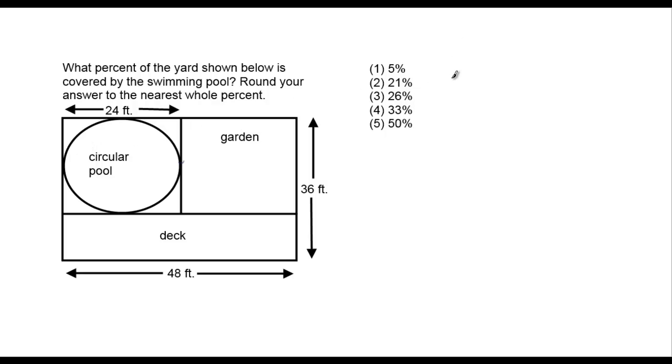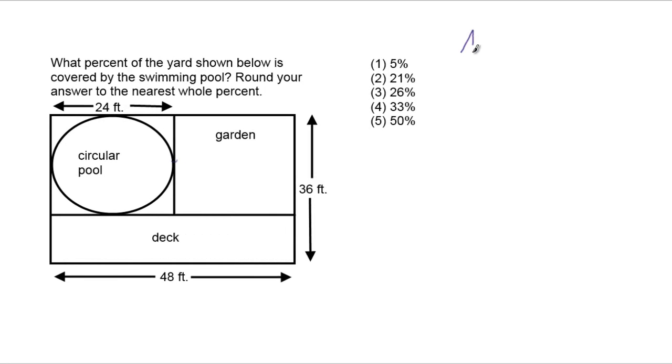The area of a circle is found by using the formula A equals pi r squared. We can plug in 3.14 for pi. Now we just need to know what r is for this circle. R is the radius.